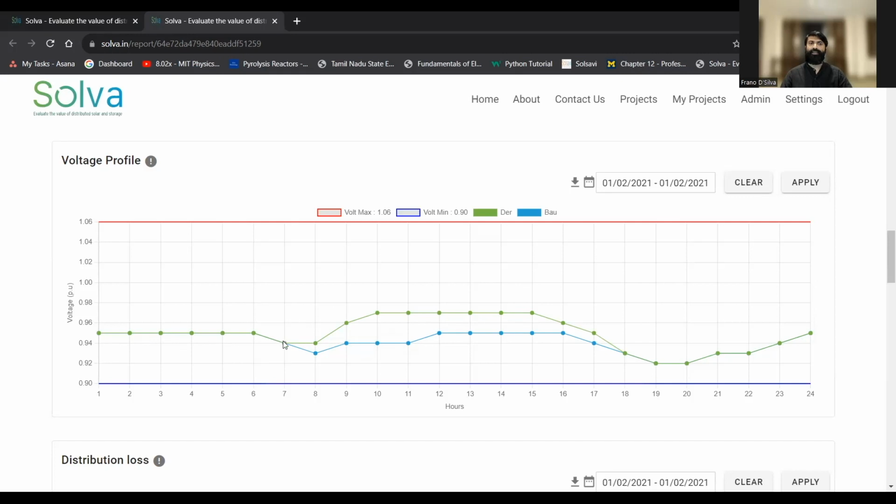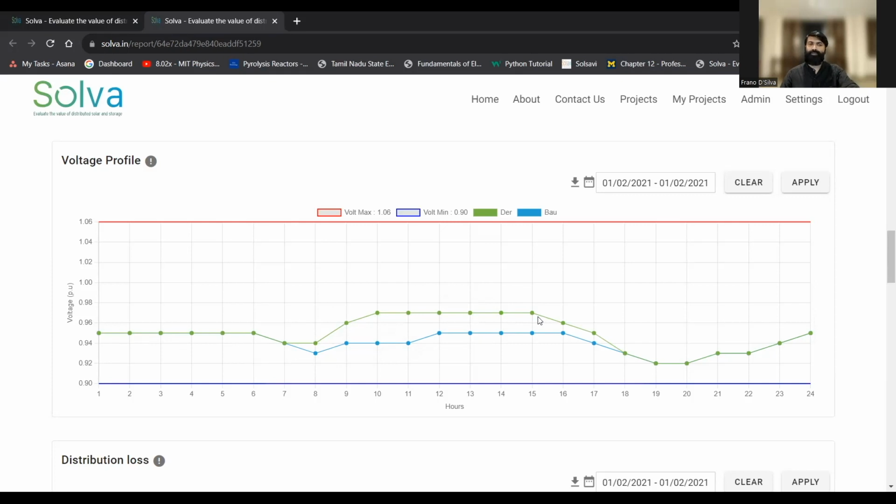That is, the profile had a lower voltage or was tending towards lower voltage, while with integration of DER, we can see that the voltage has increased.